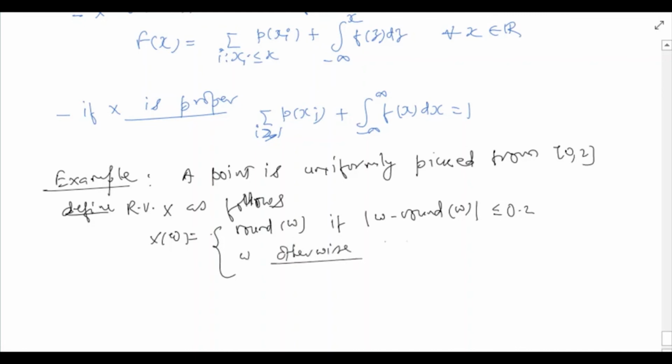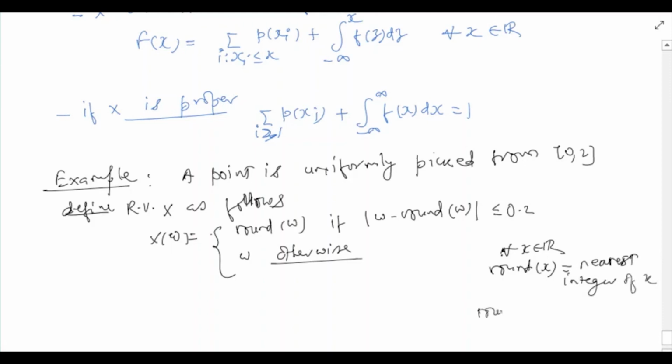Let me tell what we mean by round of a number. For all x in R, round of x is defined to be the nearest integer of x.